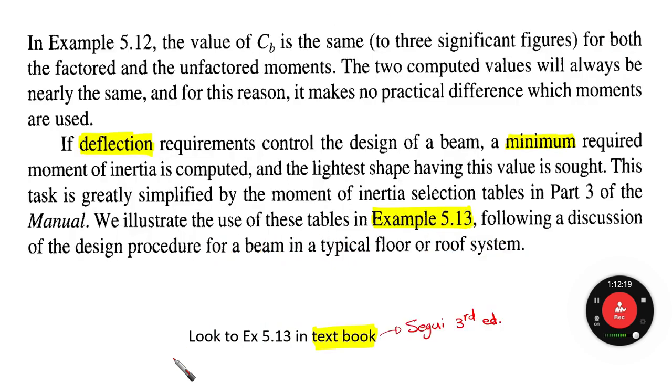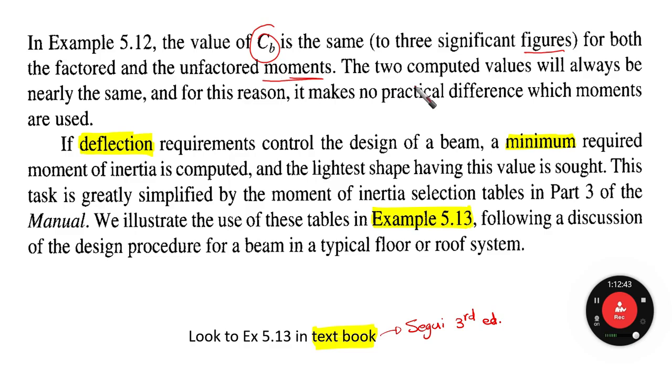Okay, so it is important to highlight the last thing in this video, which is related to the Cb. In this example, which is 5.12, the value of Cb is the same to 3 significant figures for both the factored and unfactored moments.